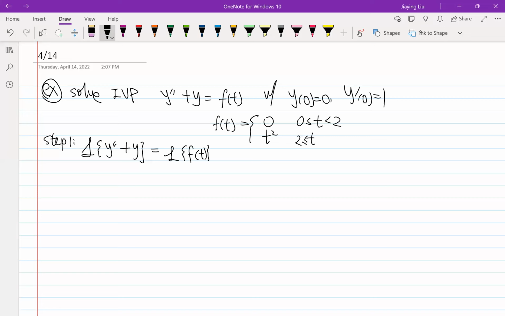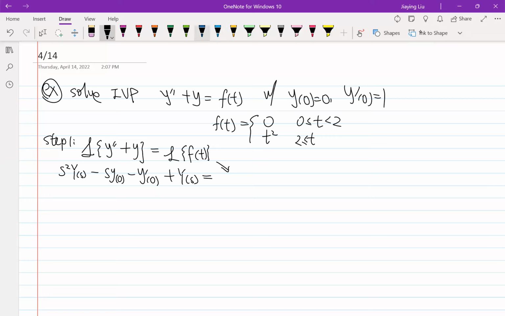The left-hand side, if you find the Laplace transform of each one, you get s squared capital Y of s minus s lowercase y of 0 minus y prime of 0, and then plus capital Y of s. The right-hand side, we're going to have to do a little bit of work because it's not straightforward. It's a piecewise function, right? So that's heavy lifting work. So let's leave it for now. Let's focus on the left-hand side and finish it.